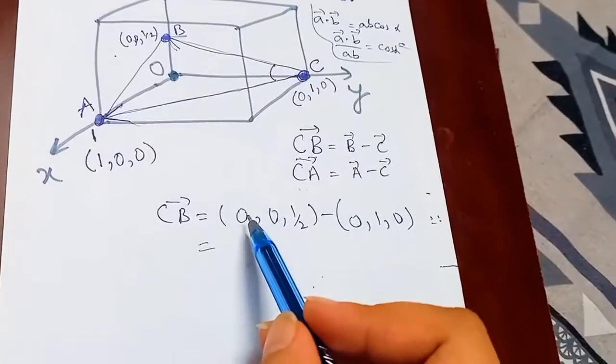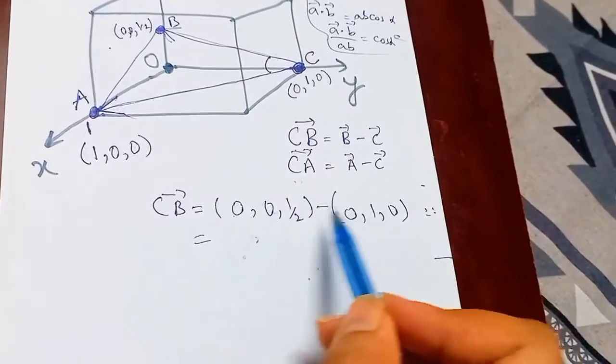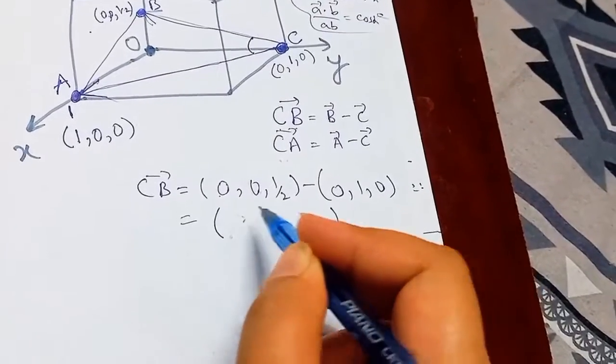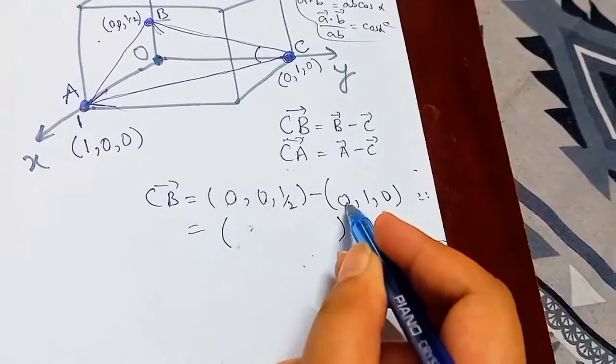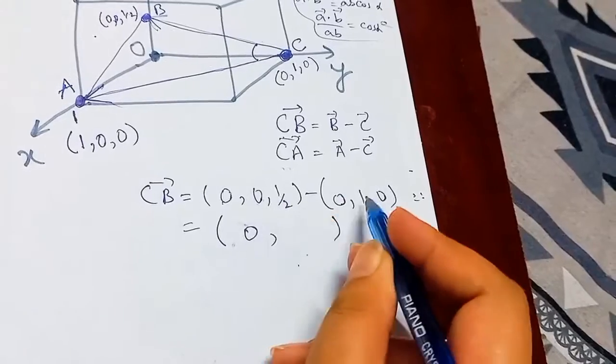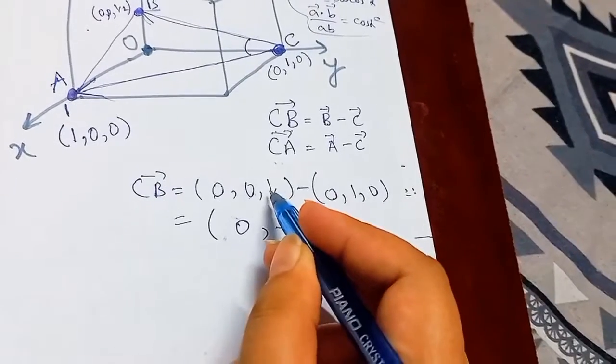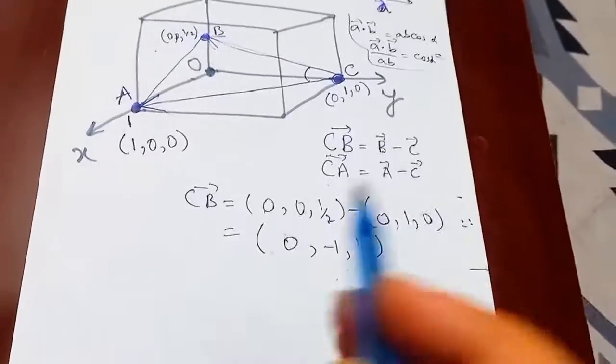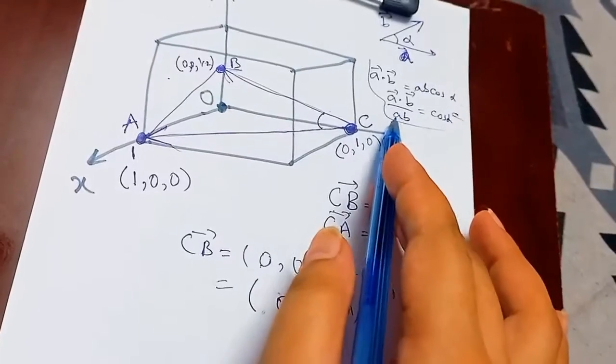Let's subtract corresponding x to x, y to y, and z to z. Okay, we'll not mix them, we'll write them in brackets again. So 0 minus 0 gives 0, 0 minus 1 gives minus 1, 1/2 minus 0 gives 1/2. So this is what we have got, and we also need their magnitude because we will divide them.